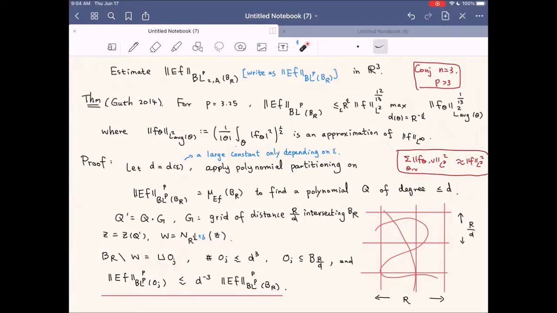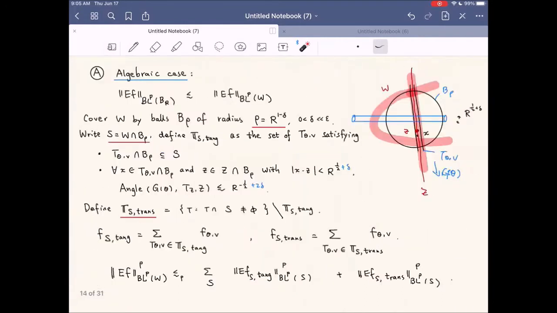The number of cells is D cubed, where D is a large constant only depending on epsilon. And then each cell is contained in a smaller ball of radius R over D. And we have decomposed into the algebraic case, that's when the neighborhood of the algebraic variety dominates.